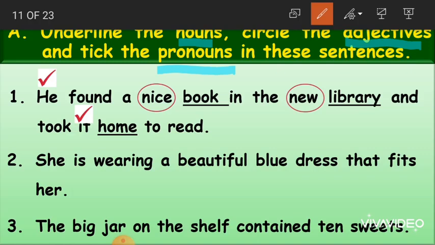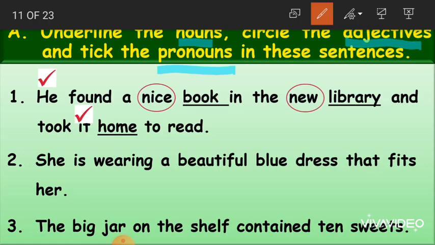For example, one sentence is already done for you. He found a nice book in the new library and took it home to read. Here he and it both have tick marks, in the sense they are pronouns. We have used these two words instead of nouns. Nice and new are circled because they are adjectives and they are describing the nouns.